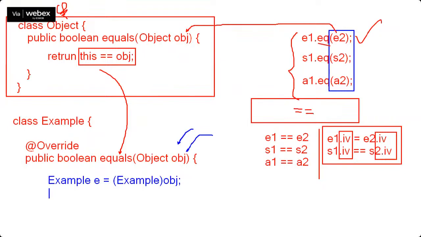Then now you have to write return: compare the current object's x value with the argument object's x. If same, return true. If not same, return false. Everyone got clarity of this line? There is a problem.